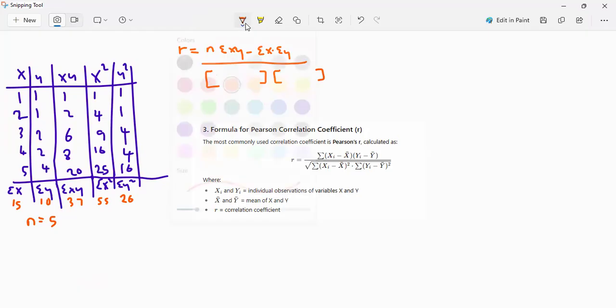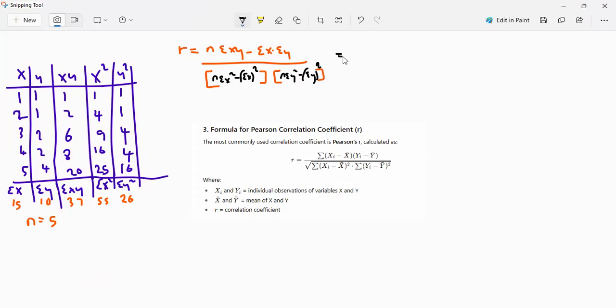So what is the variation in x? Easy, just put n summation of x squared minus summation of x to the power 2. Here we have n summation of y squared minus summation of y to the power 2.